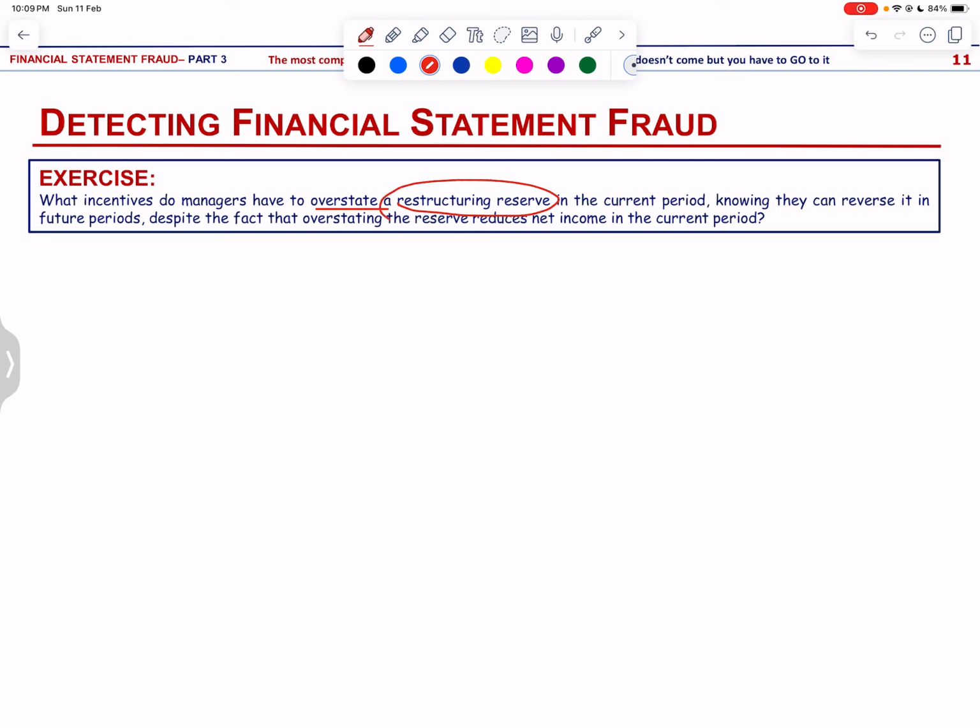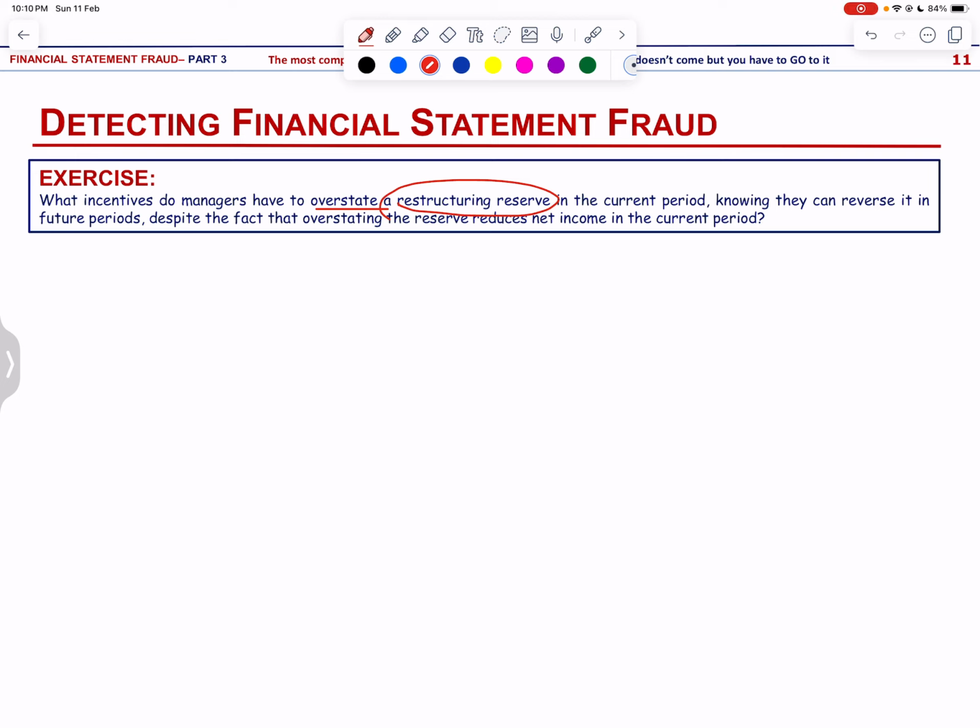Typically, the expense associated with creating a restructuring reserve is disclosed below the line of operating income, categorized as a non-recurring expense. Consequently, its impact on the company's financial performance and stock price may be less pronounced compared to if the expense were recognized within operating income.